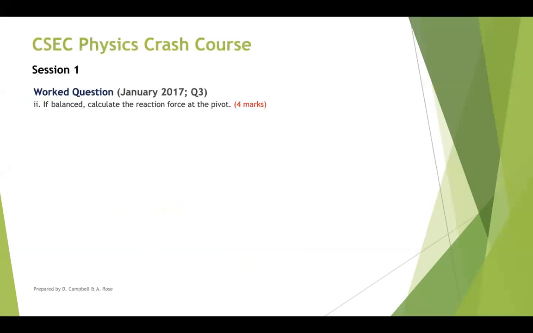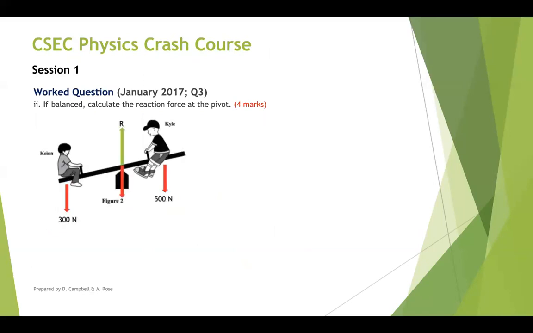All right. If balanced, you're asked to calculate the reaction force at the pivot. Now, the reaction force would be an upward force, and we know that Keon's weight as well as Kyle's weight would be acting downwards, and the weight of the plank is given as 800 newtons. Now, based on the second condition for equilibrium, the sum of the forces acting in one direction must be equal to the sum of the forces acting in the opposite direction.